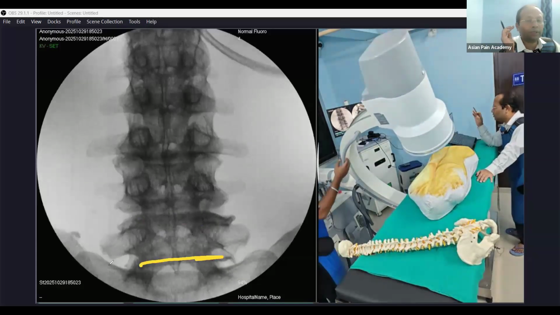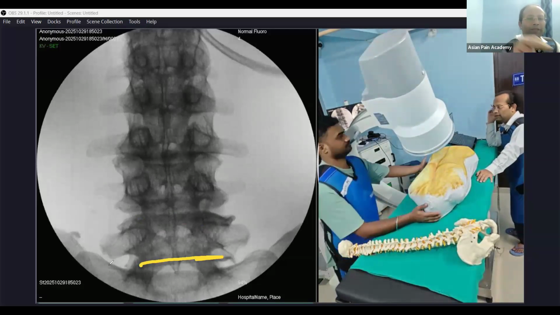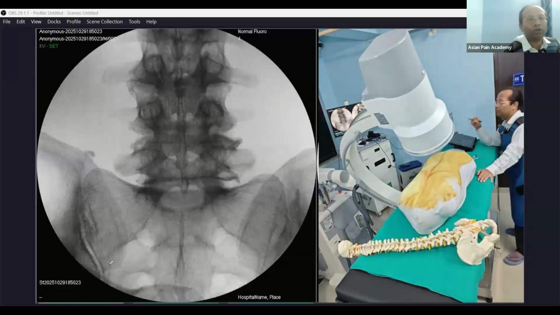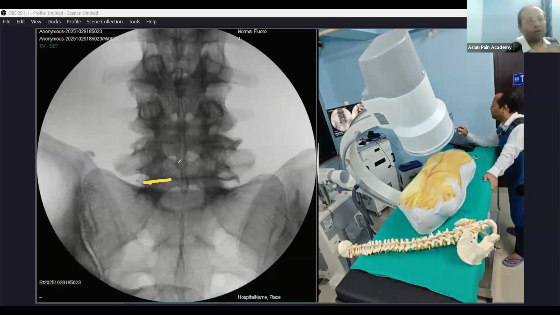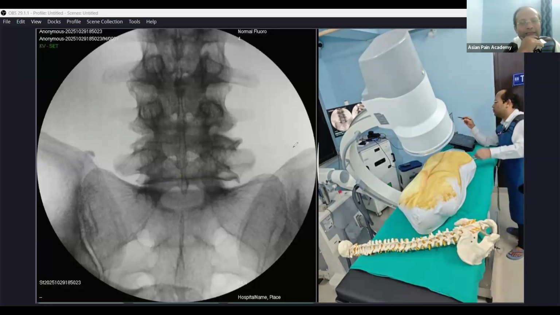Someone may have this much angulation. Now the formula is the same. With the same kind of cranial angulation, we could achieve the L5 lower end plate as a single line. After that, say I want to inject on the right side. I will tell him to make the angulation on the right side, oblique.